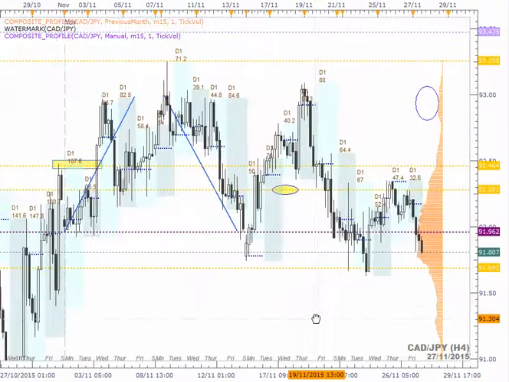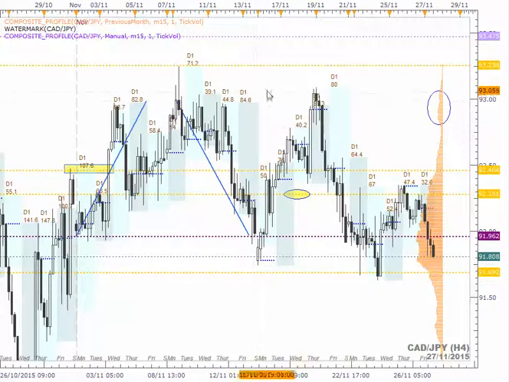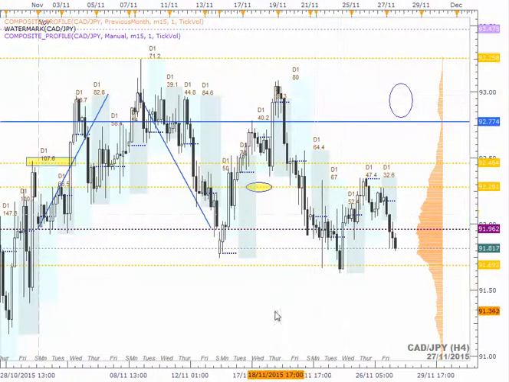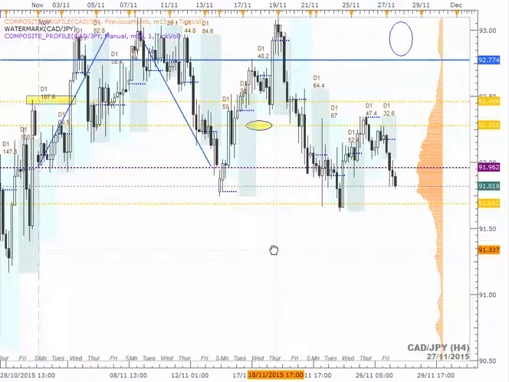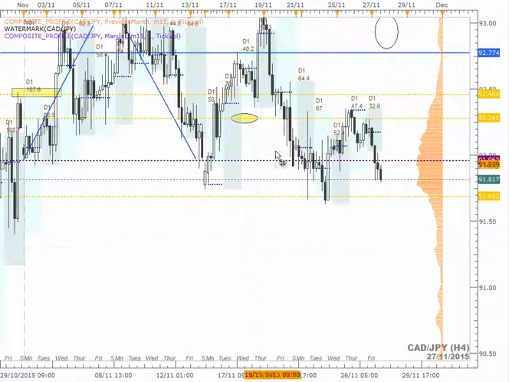And so I think that's what I need to look for, and the way to use this is to find the low volume areas. I mean, even if I had taken trades in this area here, short trades, they would have come right back to the volume point of control, and there's 80 pips there. Now this didn't happen, but this is the idea.